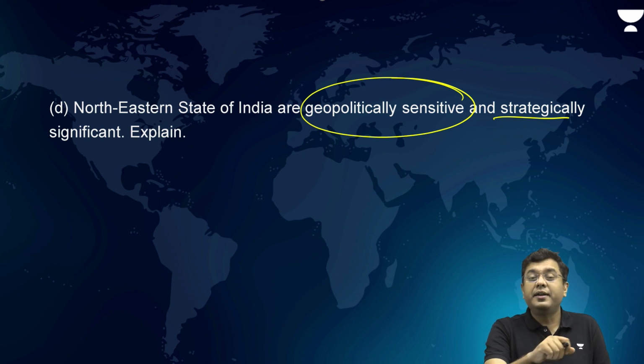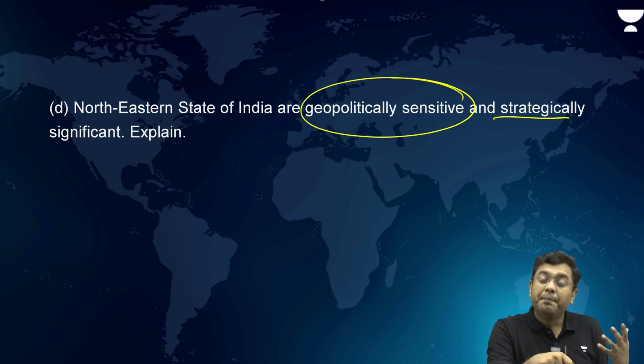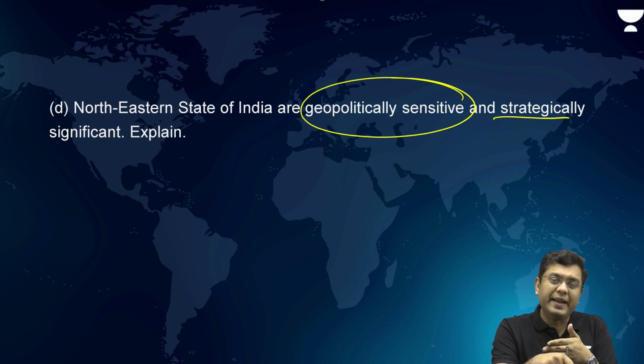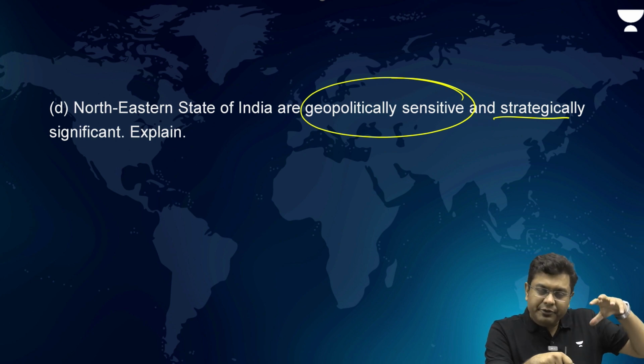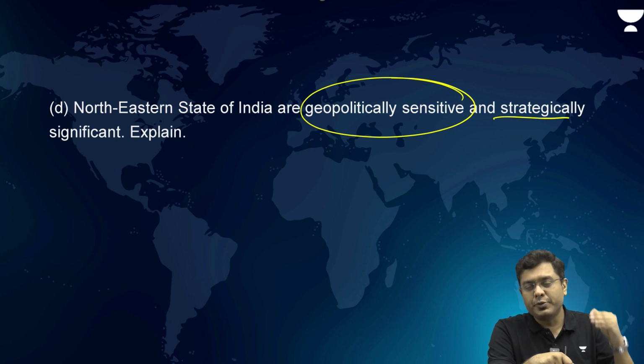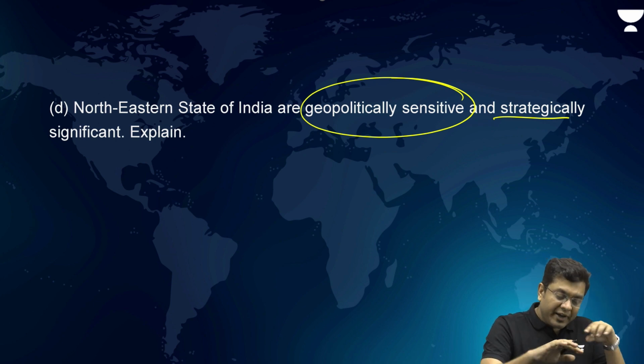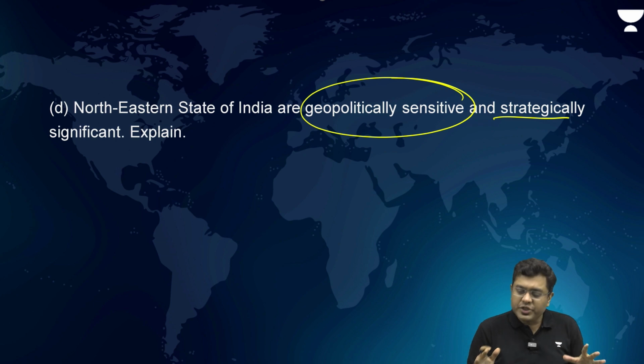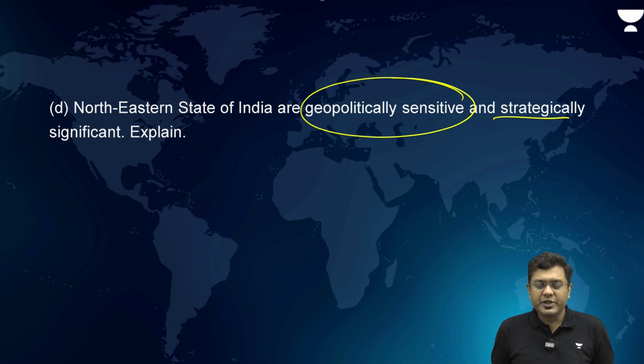Then very significant in terms of biodiversity as well. They offer a very unique connectivity to the Southeast Asian region and is pivotal for the success of our Act East policy, right. Our entire Act East policy hinges on the Northeastern region and the connectivity that the Northeastern region can have. So, those things you can talk about here.